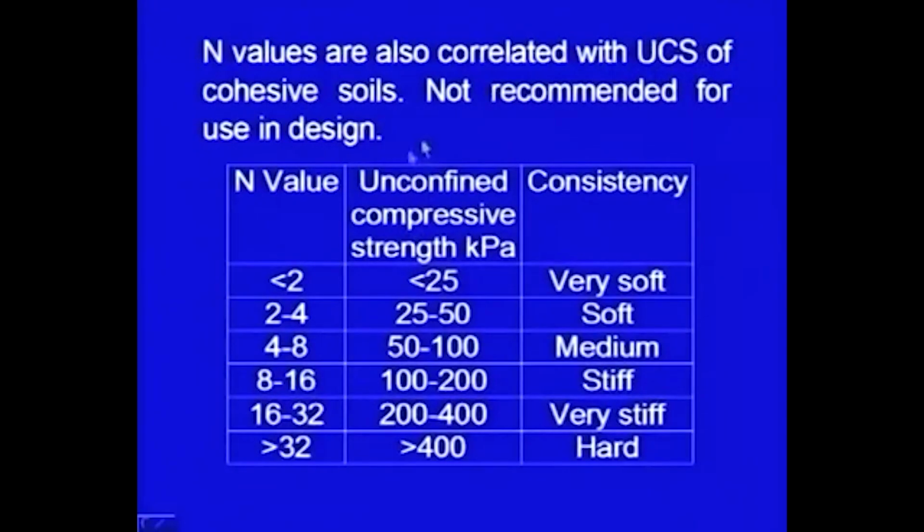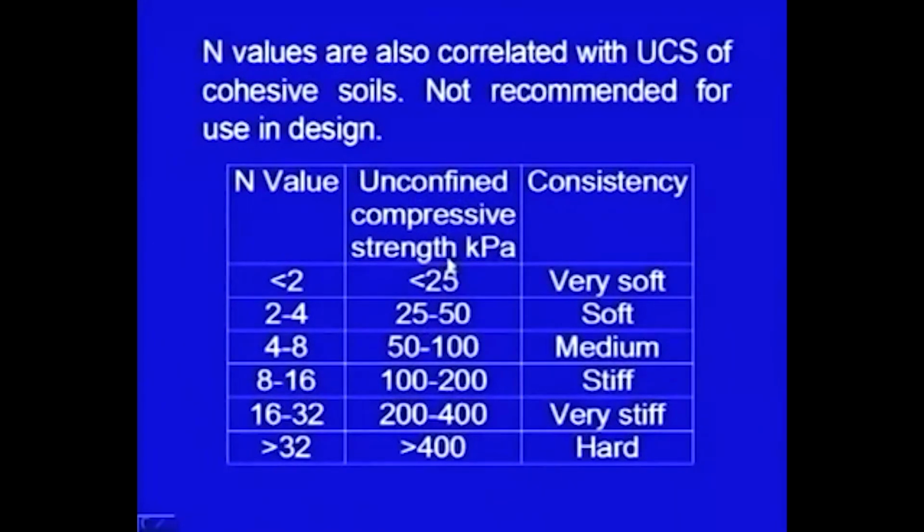Some people have tried to find the correlation between the N value, unconfined compressive strength and also the consistency, but as a philosophy, these values are not recommended for design, unless nothing else is available.